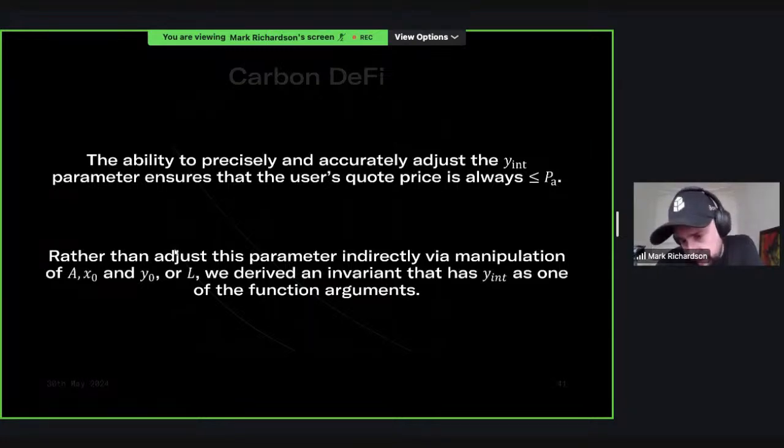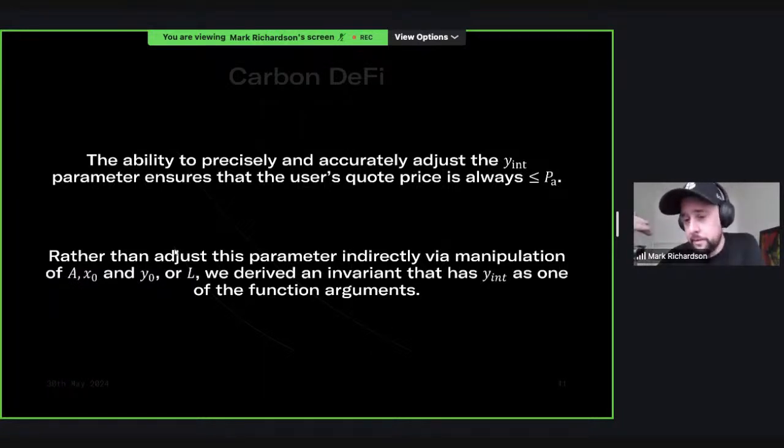Okay, and this is the important point. This is why the parameterization in Carbon is so important. If the user says, these are the price bounds that I want, and the protocol then goes outside those price bounds, we've got a problem. We could try to maintain those price bounds, even though we've got two completely different bonding curves talking to each other, by using either the Bancor V2 invariant with A and X0 and Y0, or we could try to do it with the Uniswap invariant, having to calculate L on the fly and that kind of stuff.